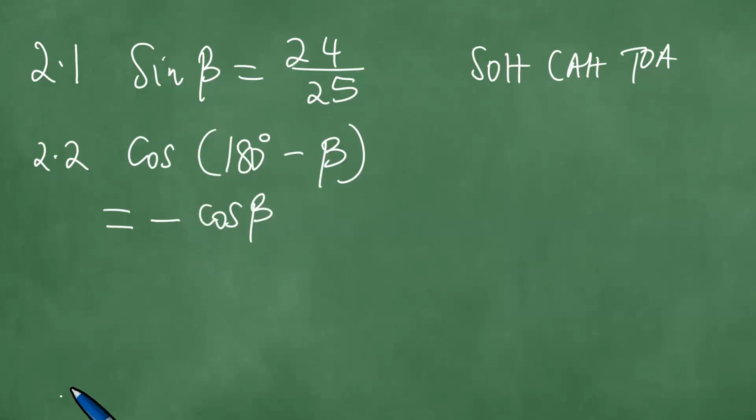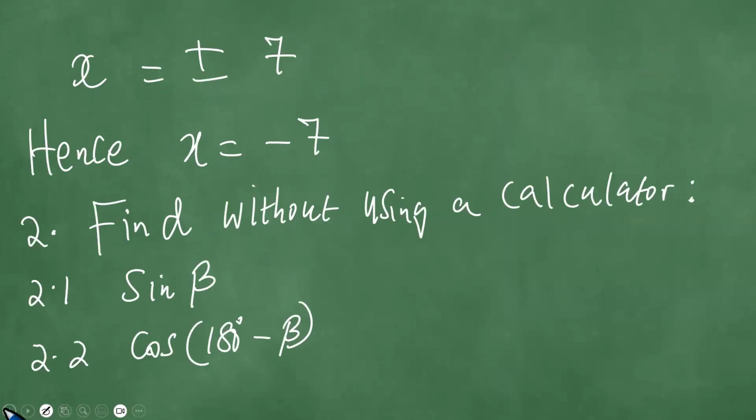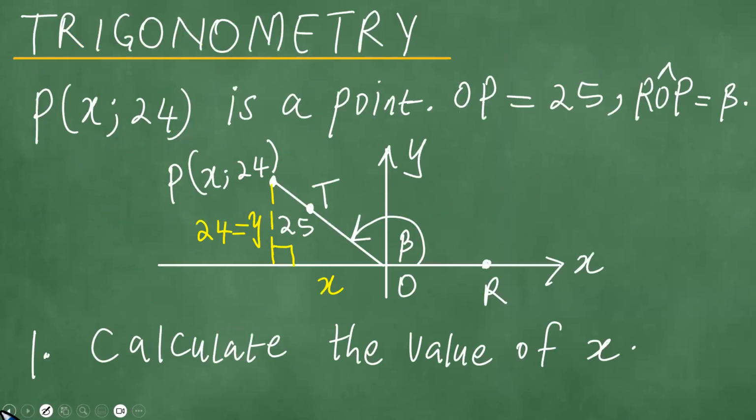Cosine beta. Okay, now let's look at cosine beta here. Cosine beta is adjacent over hypotenuse, and we have seen that x is minus 7, which means that it is minus 7 over 25.